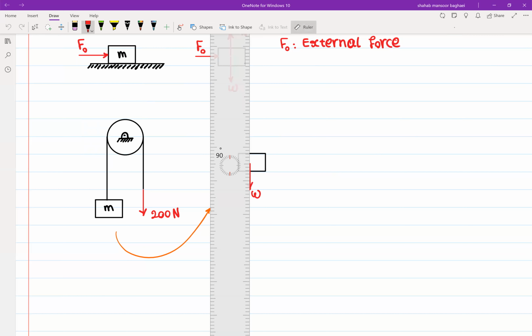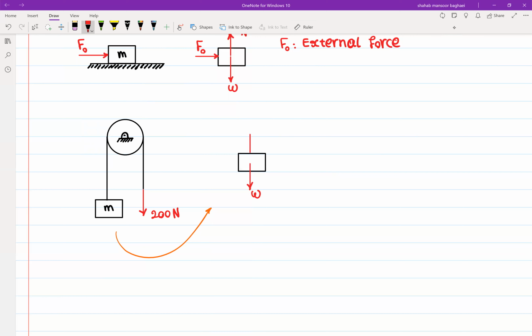Therefore, this is next force. It is on the top, and the direction is upward. That's T, capital T, called tension. Consequently, over here for your block, there are two forces.